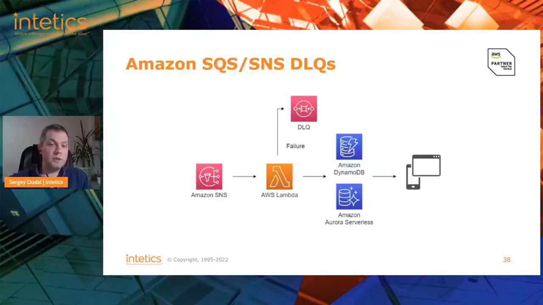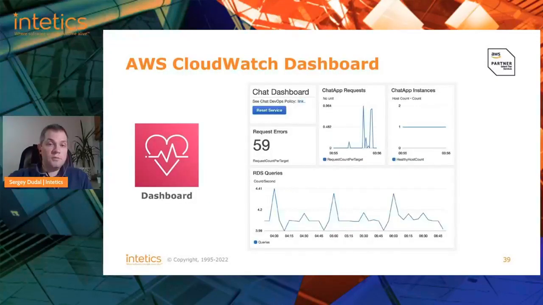Or, for example, even if we give our Lambda not enough time to process a message from SNS, we can understand it and increase the Lambda timeout and redrive all failed messages from DLQ and not lose any of them.